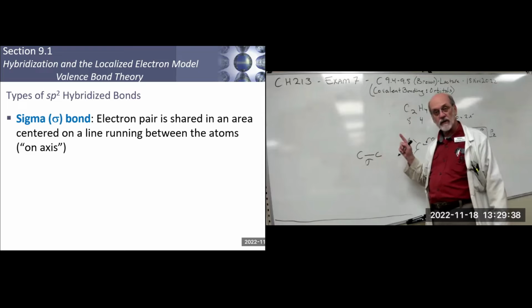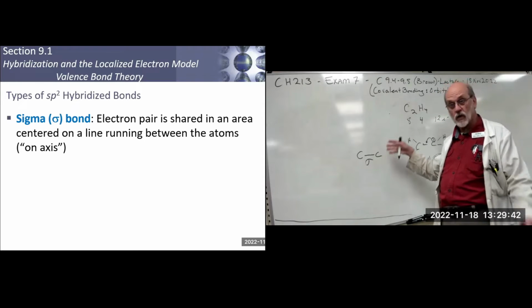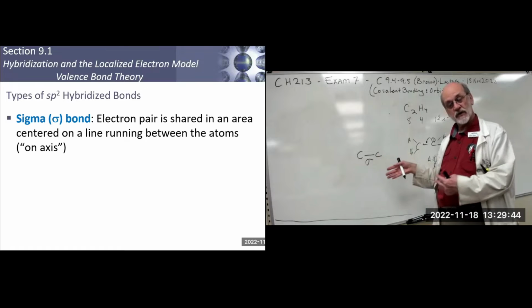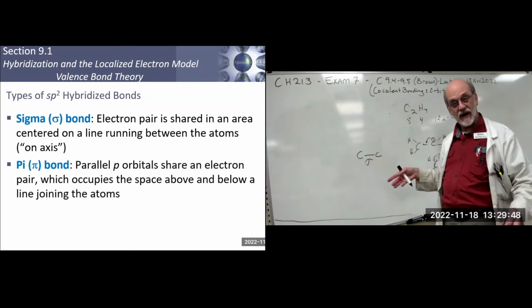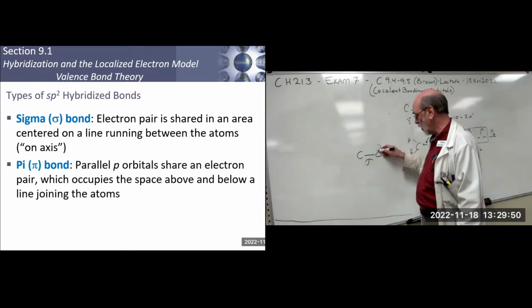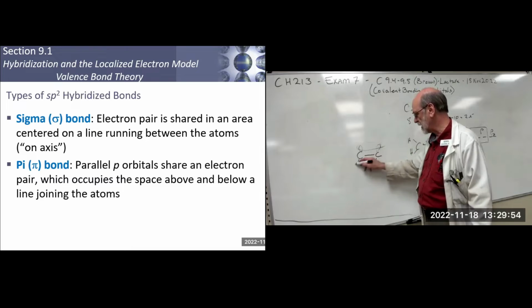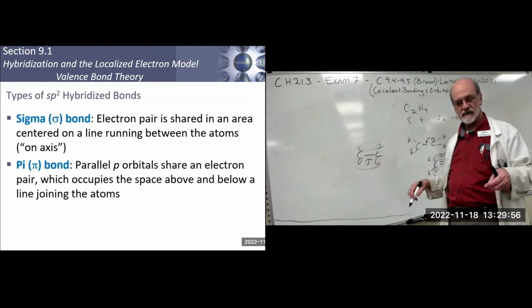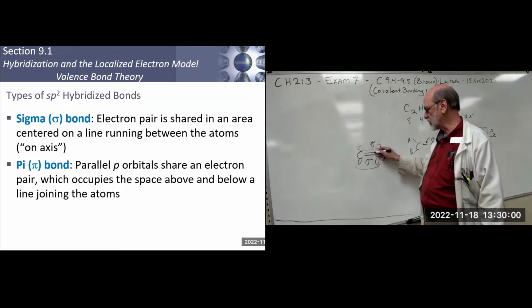That means there can only be one sigma bond between two atoms. That's all. There's only room for one. But there's room for a pi bond, which is when you overlap those p orbitals, right? Overlap them, they're off axis. And these form the pi bond. That gives you the double bond.